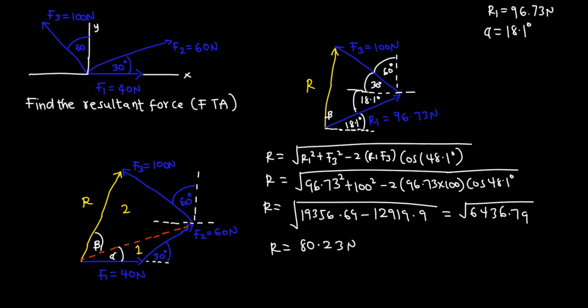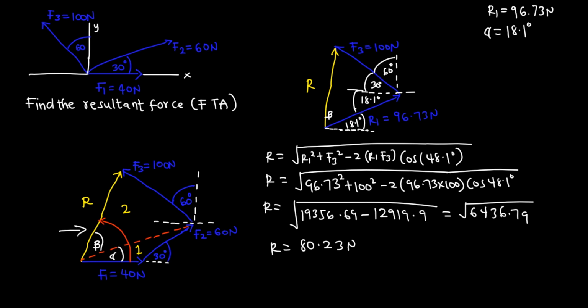So now that we know the resultant force, we have to calculate the angle it makes with the positive x-axis. Okay, because this is the resultant force, and it makes an angle with this axis here, or the horizontal, measured in the anti-clockwise direction. So this will be the angle for the resultant force.